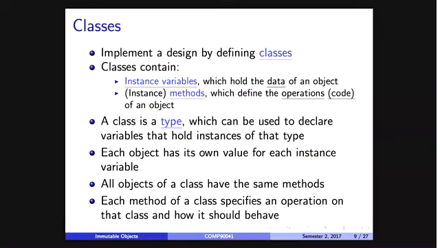Each instance of that class is an object, and that object has a value for every instance variable, which is to say for each datum that class holds. So a class has instance variables and it has methods. And the instance variables are the data and the methods are the code.